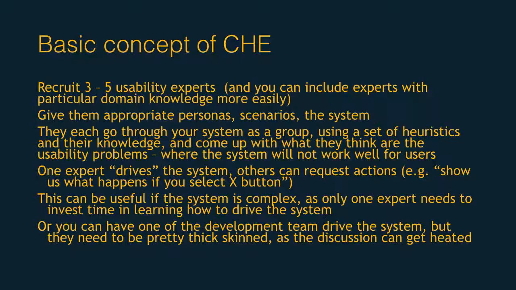So if you were evaluating a statistics package, for example, you might have someone who is actually more of a statistician than a usability expert, who would then be commenting on what this is like for a serious statistician. So you can have a mix of experts with different expertises.